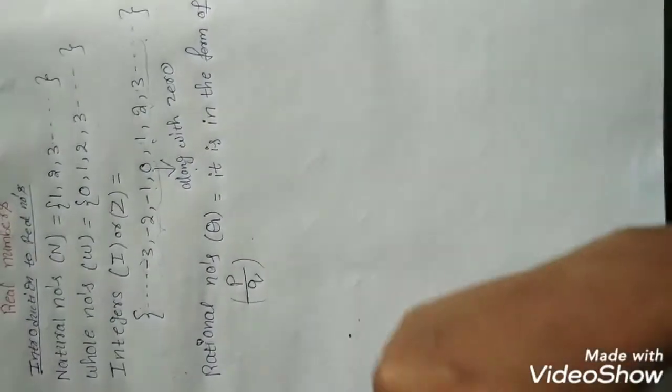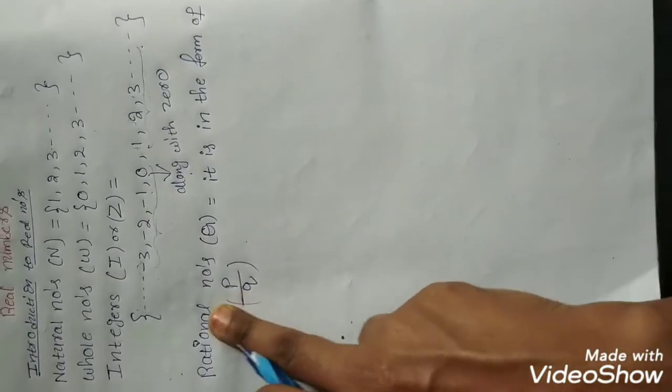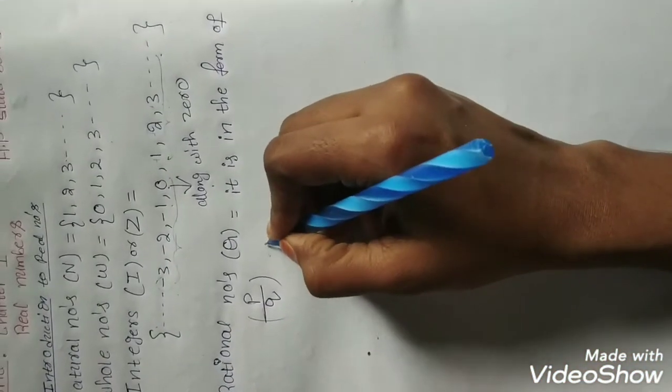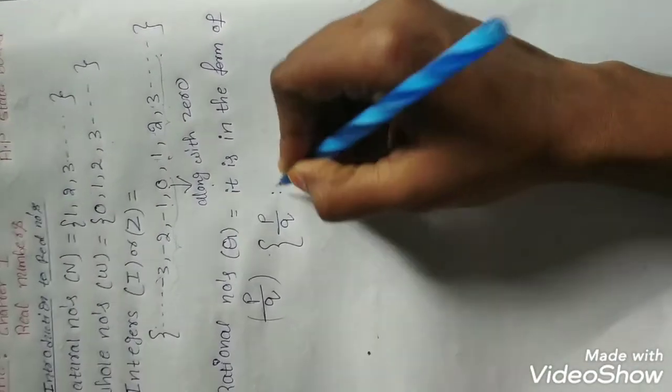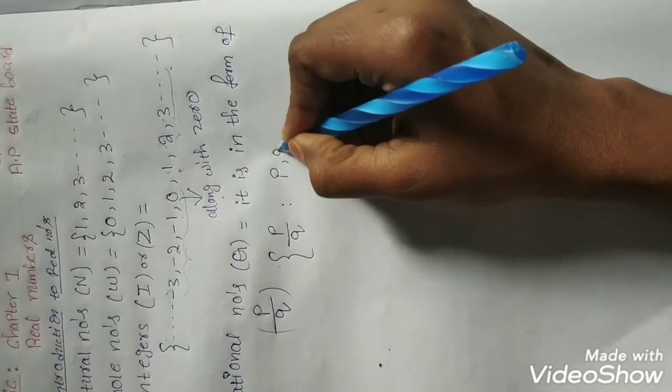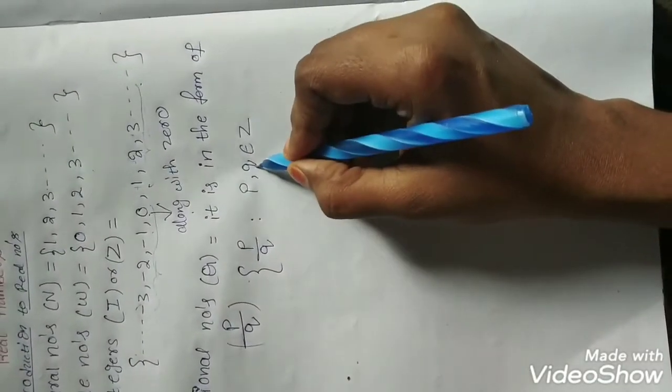That means it is a fraction. We can write a rational number in the P by Q form such that P and Q are integers. What is the meaning here? P comma Q belongs to Z.